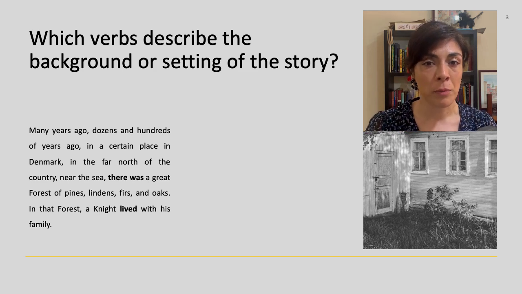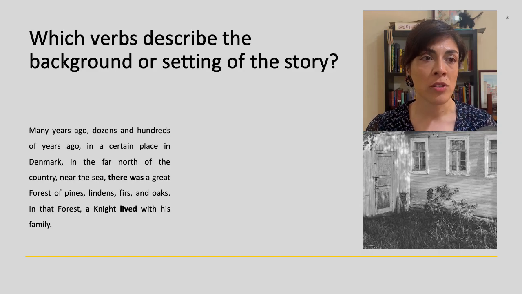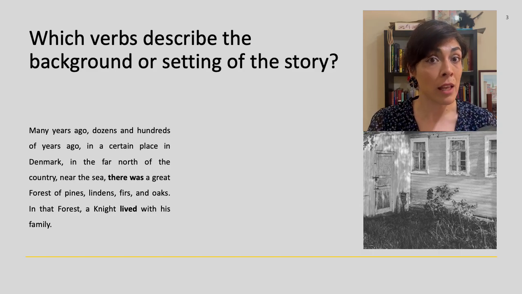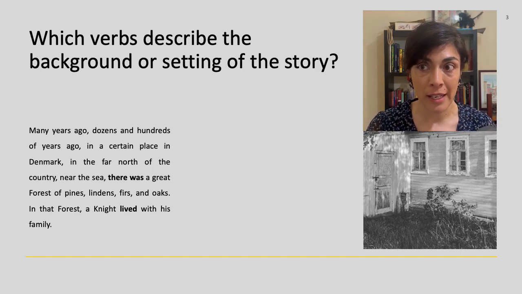Can you remember? After you do, which tense do you think that verb should be when translating it into Portuguese? Can you pause the video and then answer the question?